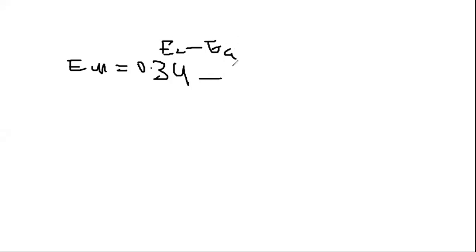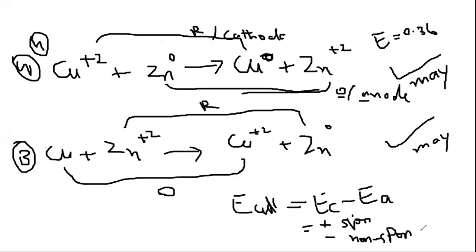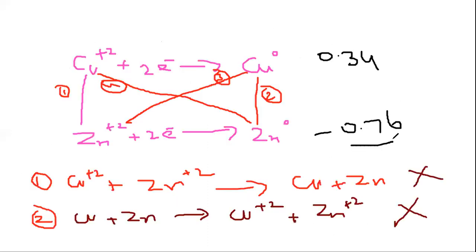So you must remember, you do not need to reverse the sign two times. This minus sign is actually to reverse the sign of the anode. And what is the potential of the anode? In this case it is minus 0.76, which I have written over here.